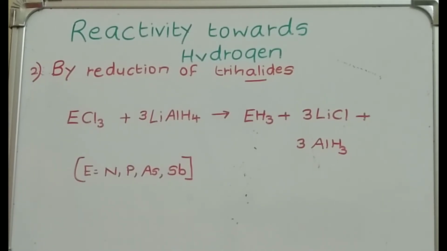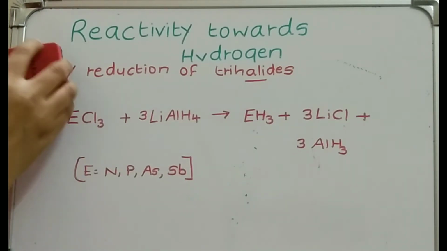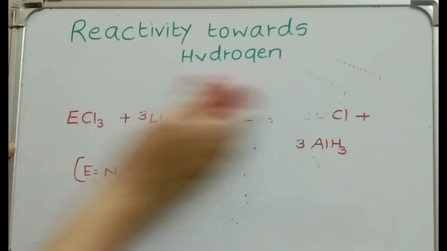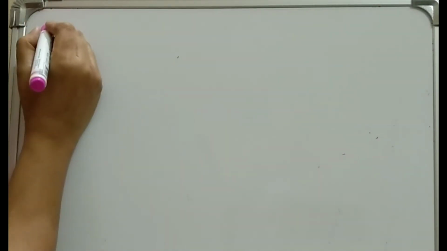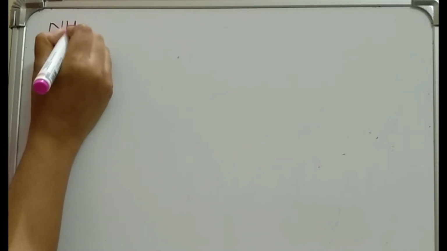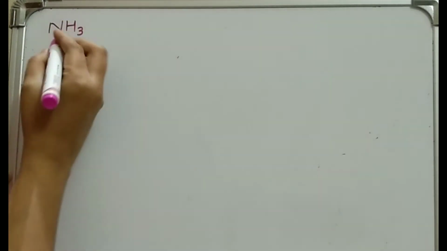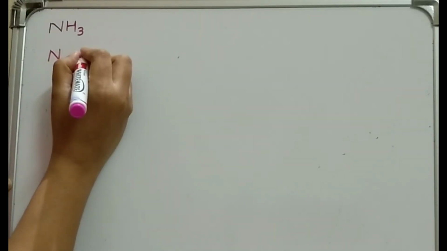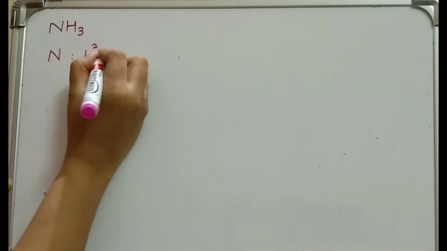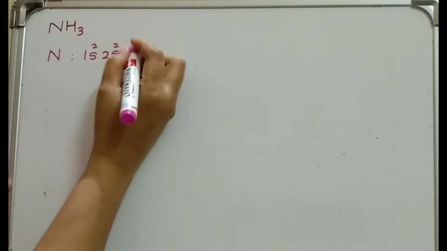Let's check the structure of hydrides. We will see the structure for NH3. Nitrogen has atomic number 7, electronic configuration 1s2, 2s2, 2p3.